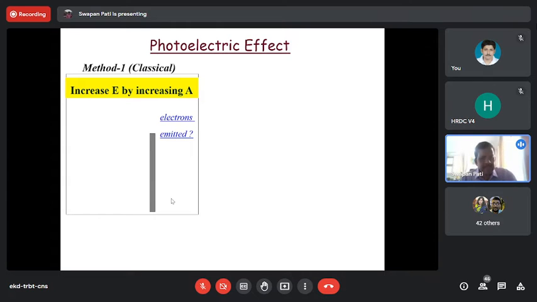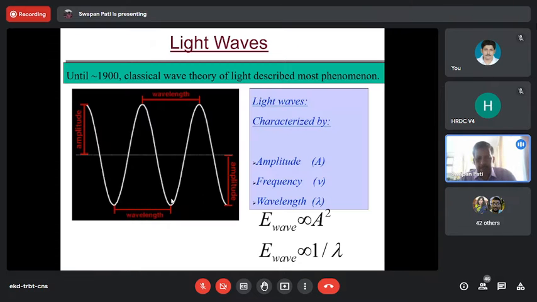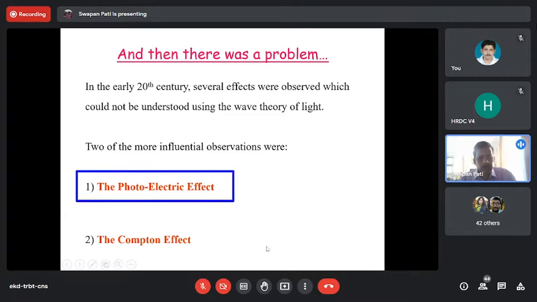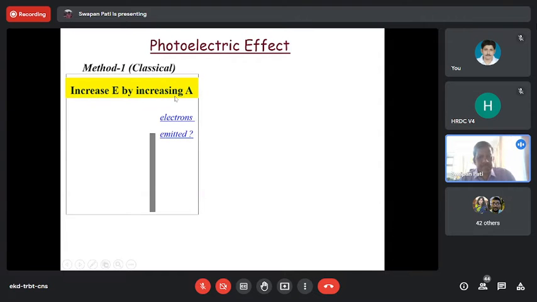So Einstein tried this thought experiment classically. Method 1: increase the energy by increasing the amplitude. Remember, energy increases with amplitude square. And if you reduce the wavelength, energy increases. So if you increase the energy by increasing the amplitude, what happens?